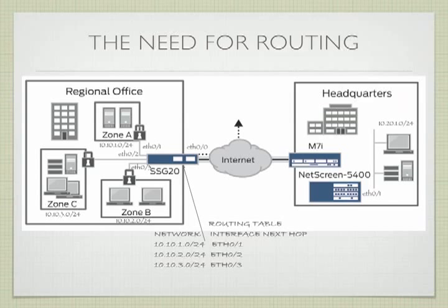So it will create a host route for the interface itself, and it will create a network route pointing to that interface, knowing that that subnet is available on that interface. So there is no need for you to do anything other than configure the IP address on the interface, and then these connected routes will show up in the routing table.